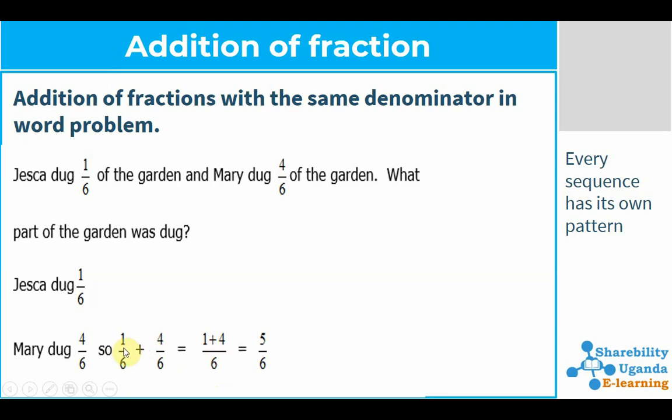Then we add the numerators, which is 1 plus 4. 1 plus 4 out of 6 is the same as 5 out of 6. So this is how we deal with fractions that have the same denominators.